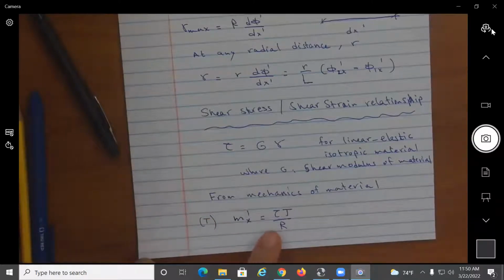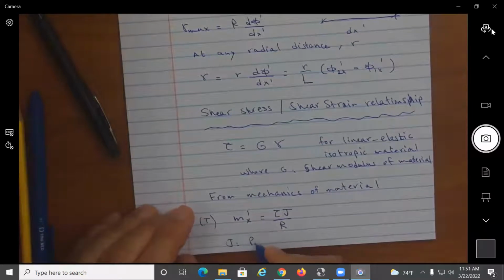In this equation, this is J, by the way, and J is the polar moment of inertia.